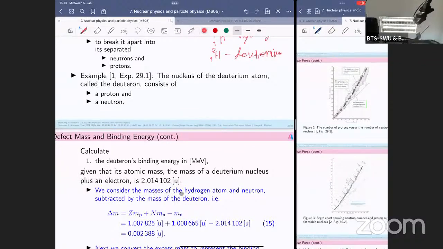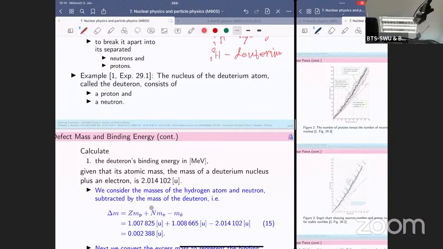Okay, the mass of deuterium. You could say that there is a single proton, so the mass of the proton has to be multiplied by number 1. Number 1 is not written here because it's meaningless.